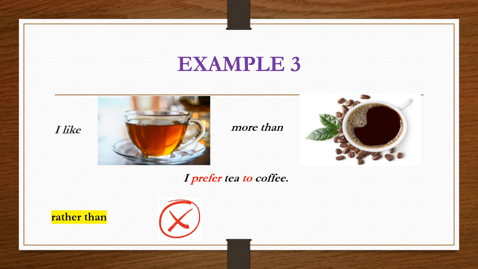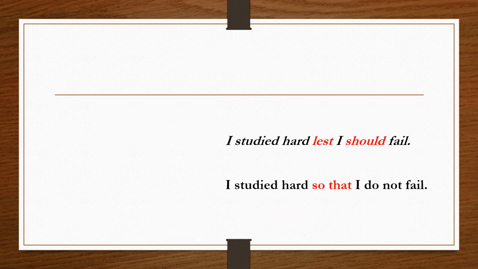The other way of saying this in the wrong way is I prefer tea instead of coffee, which again is wrong. So when we use the word prefer, we use the word to. I prefer tea to coffee. It means I like tea more than coffee. Let's see the next example.